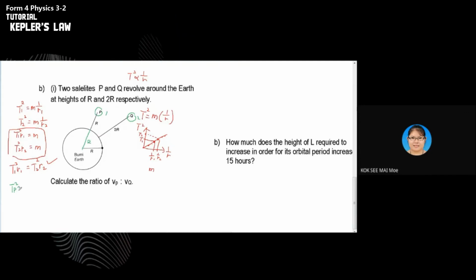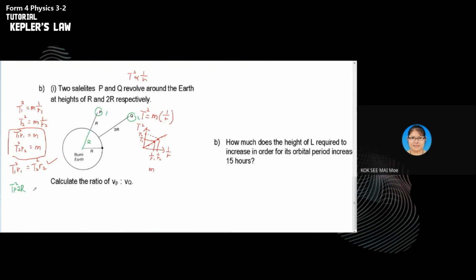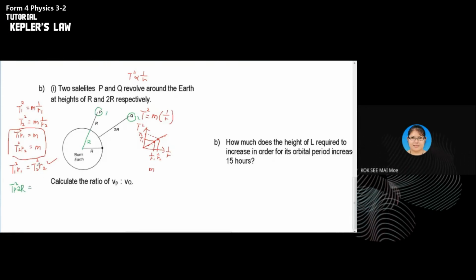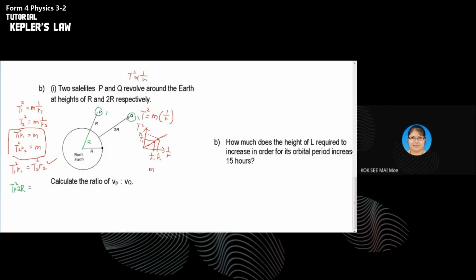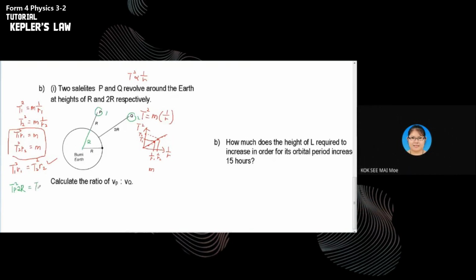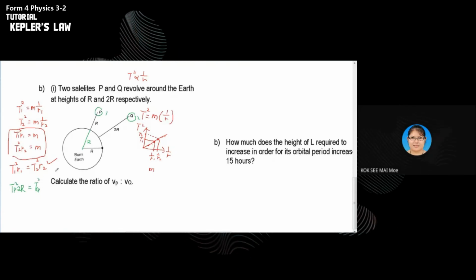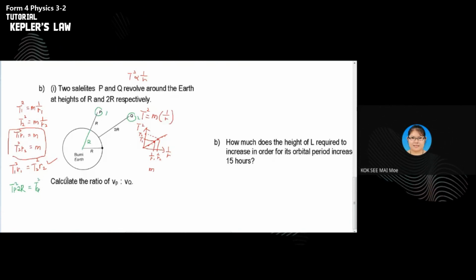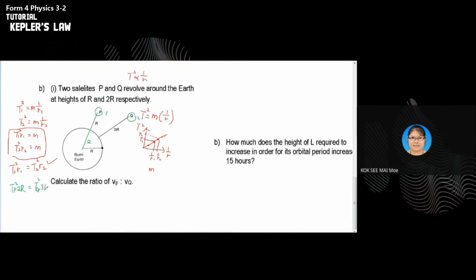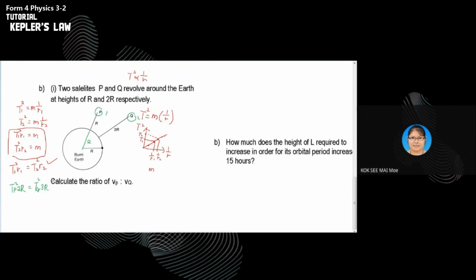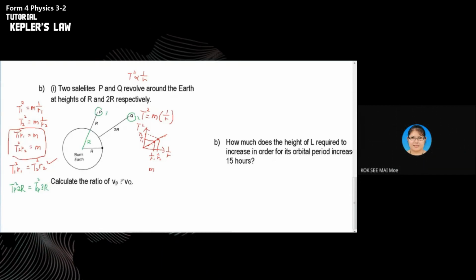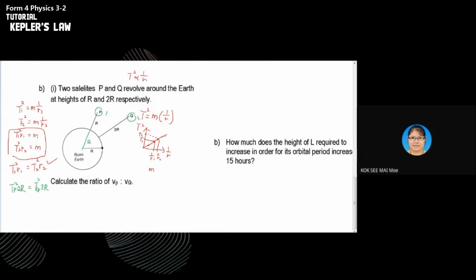So I put 2R. Then equal, T2 is Q, Q square. R2 is 3R. So now they want to find VP, VQ.